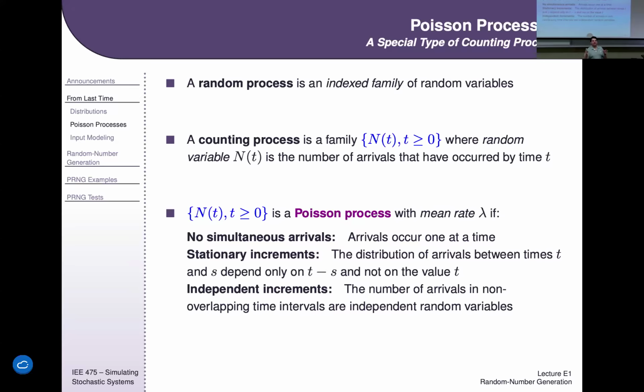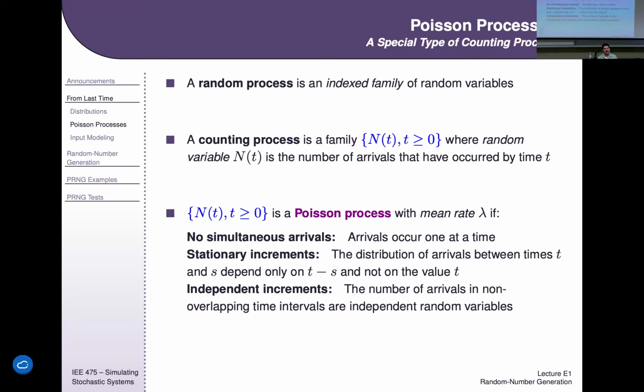And by collecting all of those together, we not only can talk about how many failures have occurred in a time, but we can actually then talk about the time between failures as well. So it allows us to talk not only at one time, but then compare across times. That's one of the things that a process does for us. So it's just a family of related random variables.